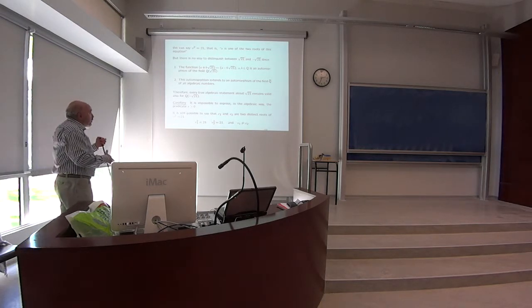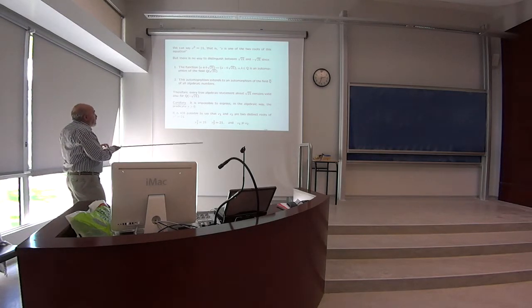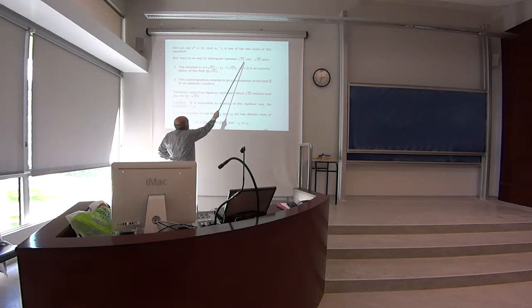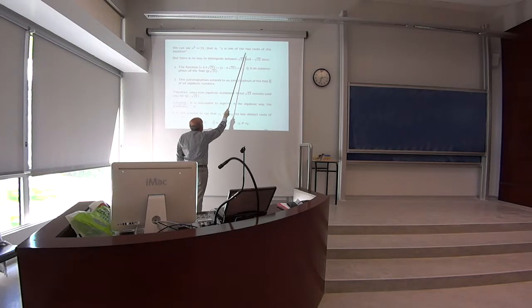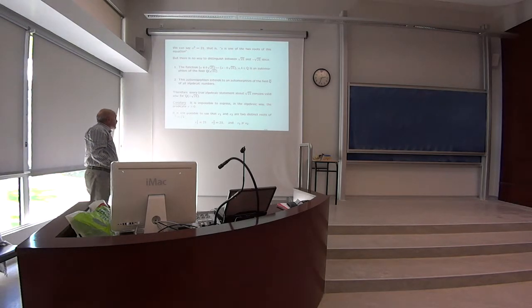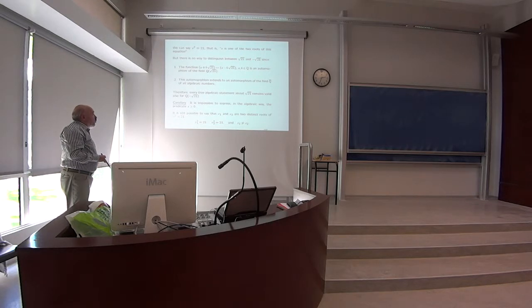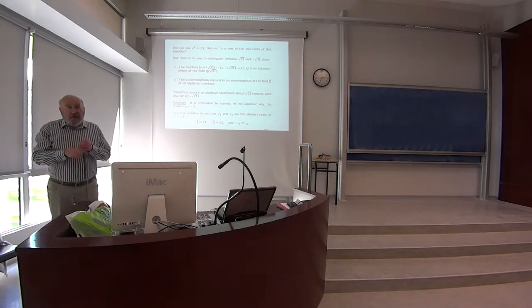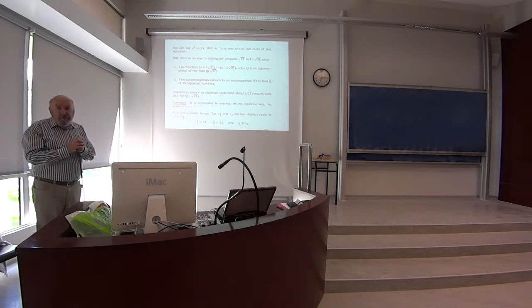Okay? So if some algebraic expression is true for this number, it is also true for this number. One of the consequences is that it is impossible to express in the algebraic way the predicate x is positive.